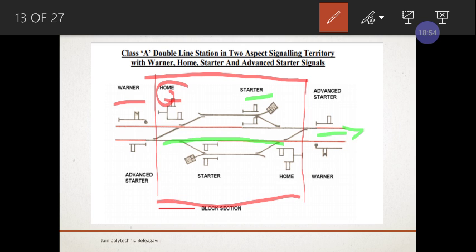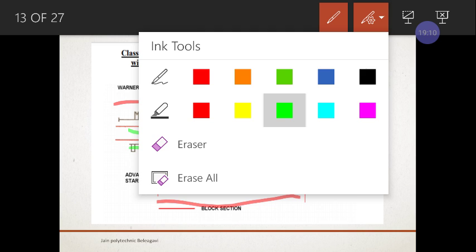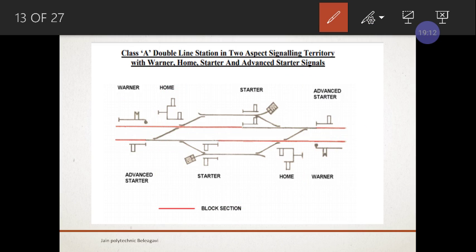In this case, there are two tracks, a double line station. In class A, there can be a single track, with only one track, or two tracks. This is the example of two tracks, and these are the crossings. What type of crossing is it?